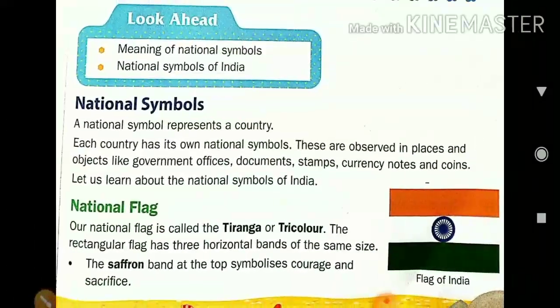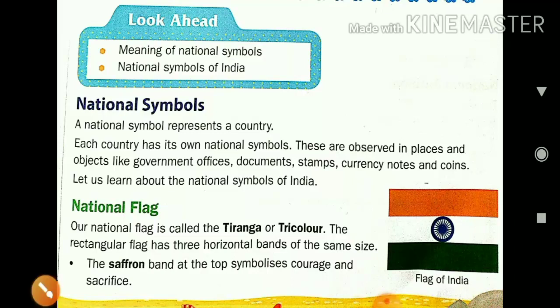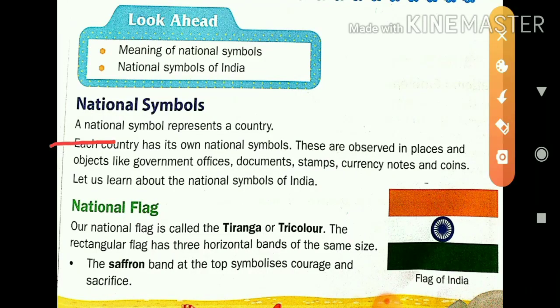National symbols represent a country. Yes, because this is our Indian flag, and that is a representative sign of India.